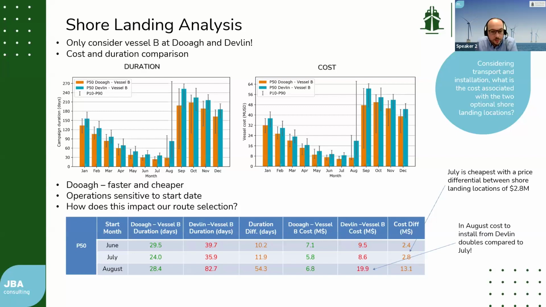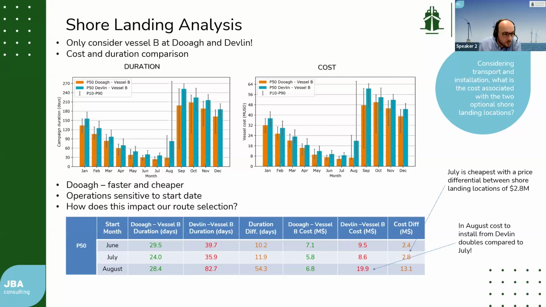And in August, we can see that that cost actually, at least for vessel B, really starts to go up. So we can see that in August, to install from Devlin, the actual cost doubles compared to July. But we are still seeing that vessel B is a lot cheaper.